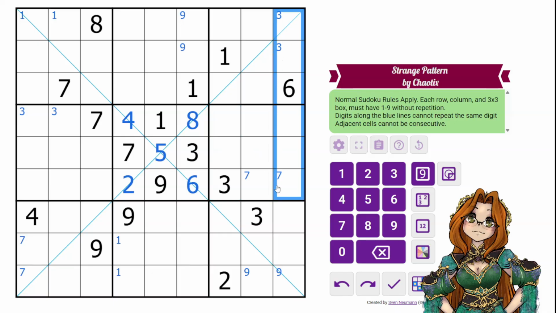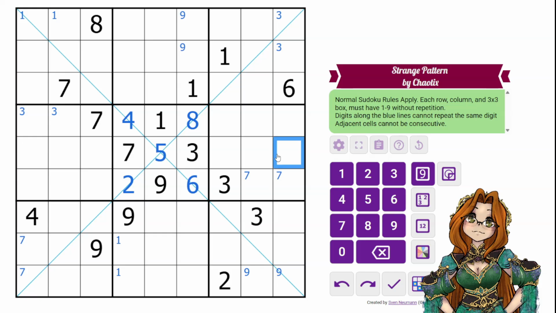Sorry. 3's already placed here. Do we do anything with 2's? I don't think so yet. What about 4? Can't go next to a 3, but there's still 3 places for it.